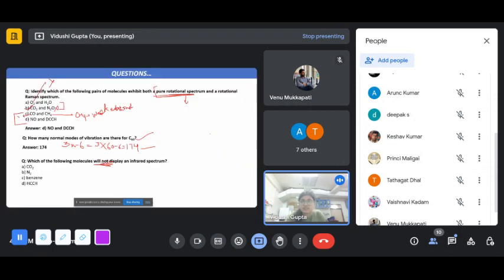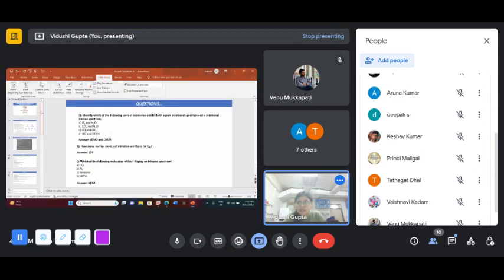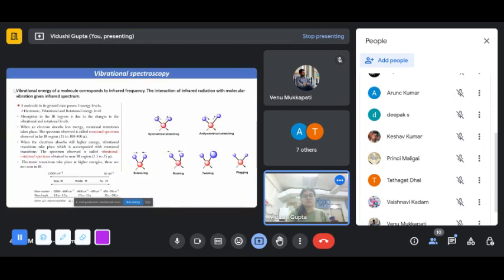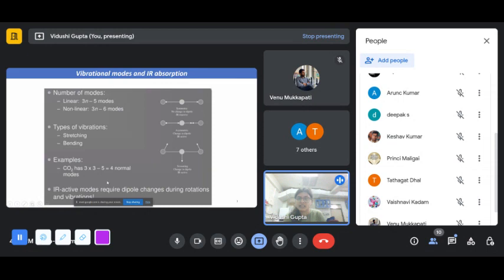Now let's revise what we have discussed. You have to remember the values of near IR, middle IR, and far IR. If the molecule is linear, the number of modes is calculated by 3n minus 5.